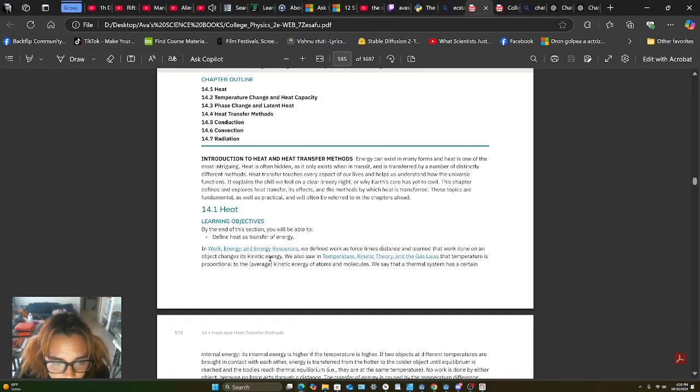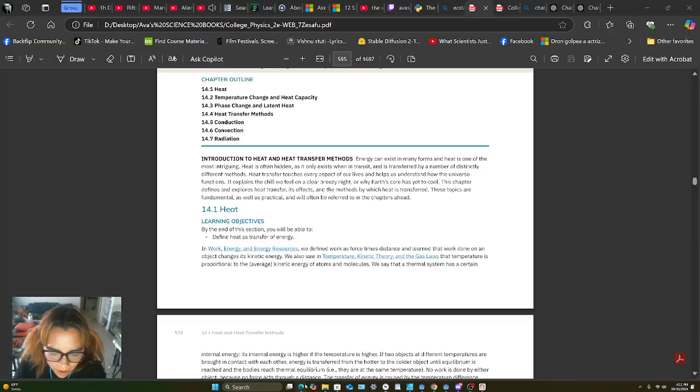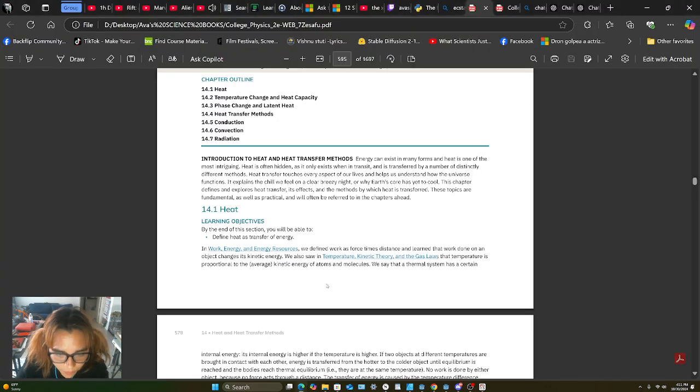Kinetic energy. Okay. Work is done on an object. So we define work as force times distance and learn that work done on an object changes its kinetic energy. Okay, we have that. Cool.